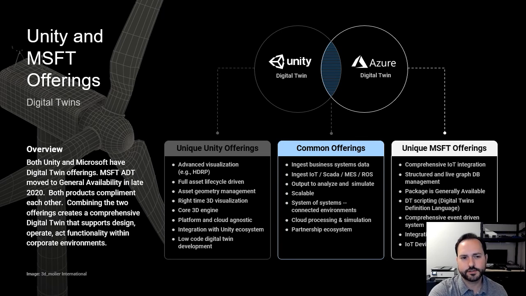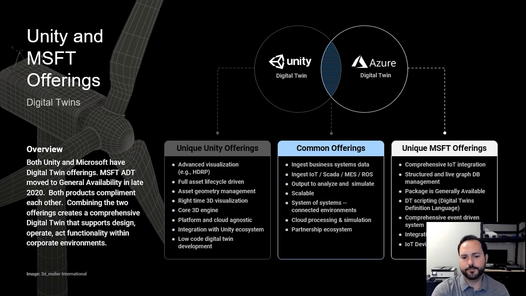I'll touch on this slide very, very lightly because there's a lot of text. You'll be able to look at it in detail later. But the key thing that this slide wants to say is that the combination of technologies by Unity and Microsoft, in particular Azure, complement each other very well. There's a little bit of overlap, but each part has very unique values that they bring.